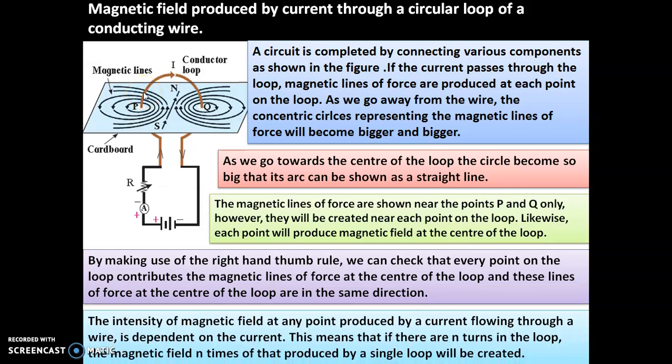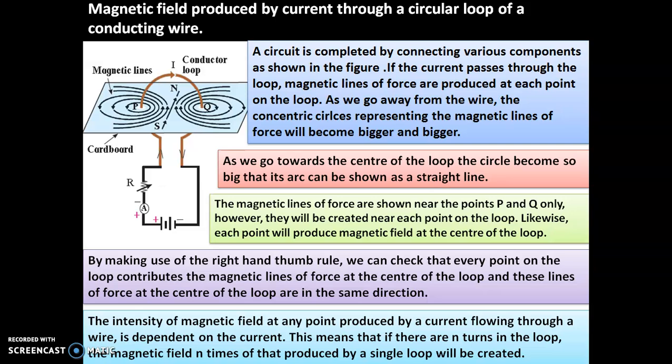The strength of the magnetic field at every point produced by a current flowing through a wire is dependent on the current. This means that if there are n turns in the loop, the magnetic field n times that produced by a single loop will be created.